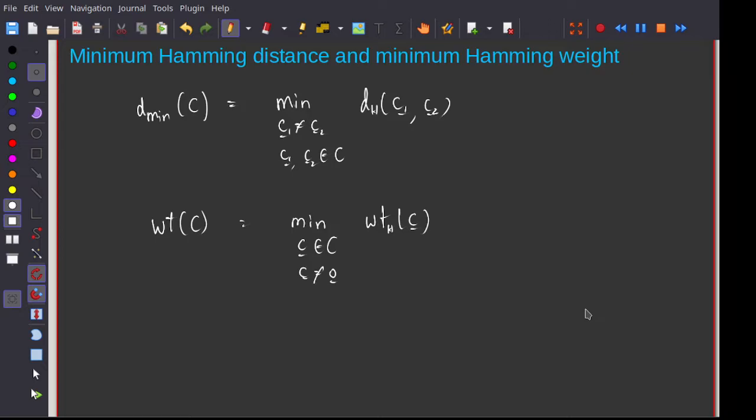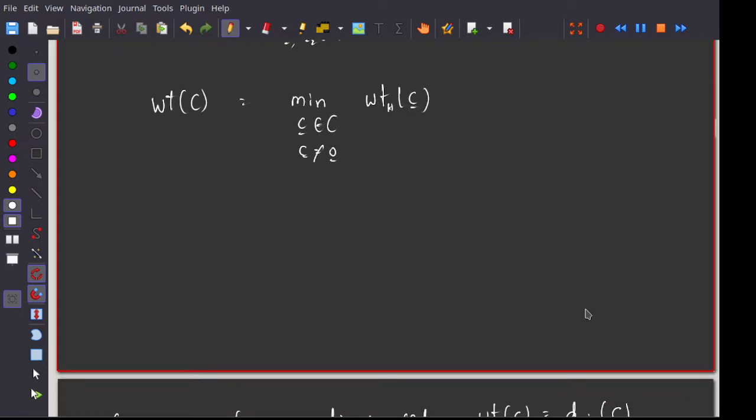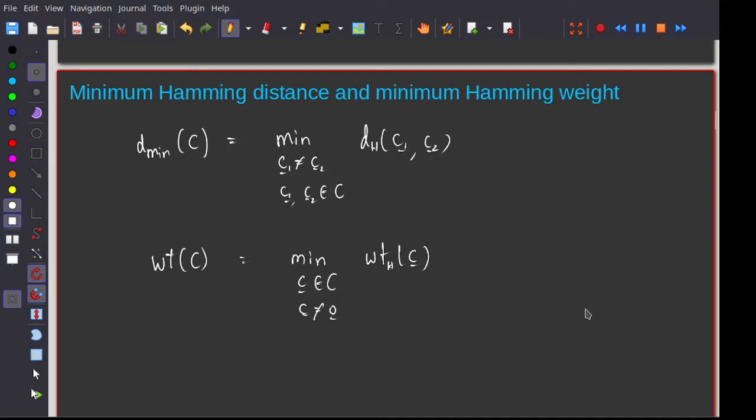So instead of looking at the minimum Hamming distance, we can just compute the minimum Hamming weight, right?